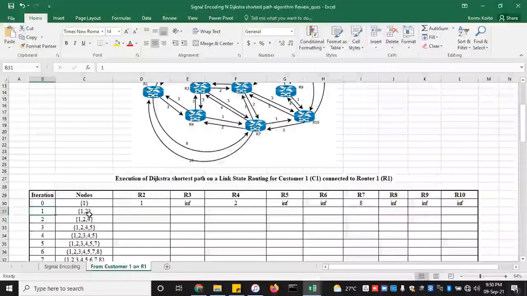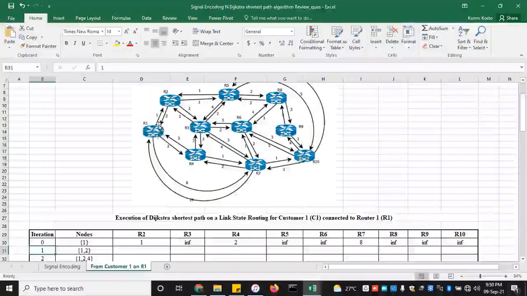Now you do have 2 nodes to work with. The options have increased. Basically, you actually have 2 options, which in this case are router 1 and router 2. So you do have 2 nodes to forward the message from customer 1.